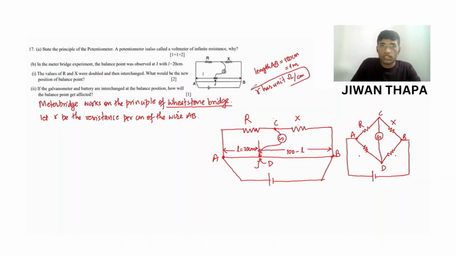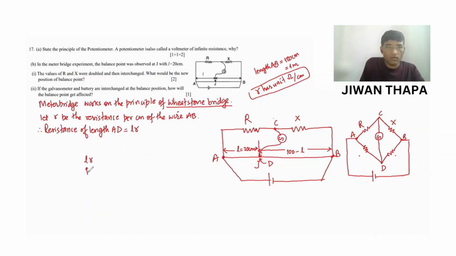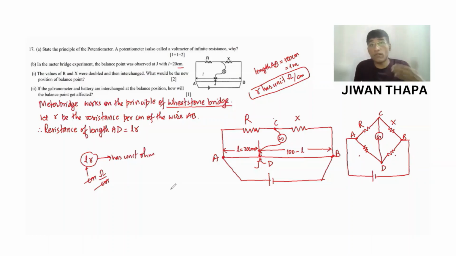Therefore, the resistance of length AD equals L times r, because L is in centimeter and small r is resistance per centimeter, so this product has unit ohm, that is, the unit of resistance.